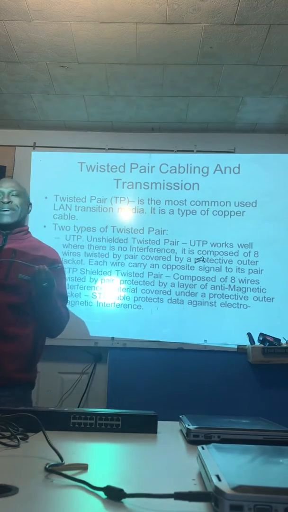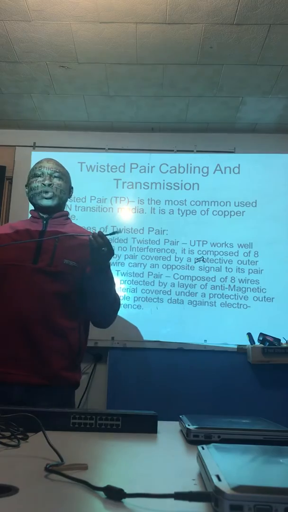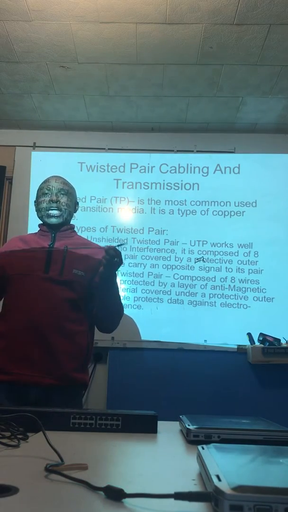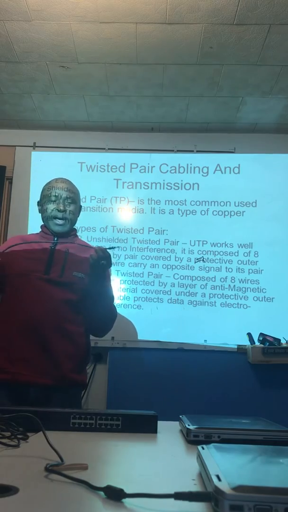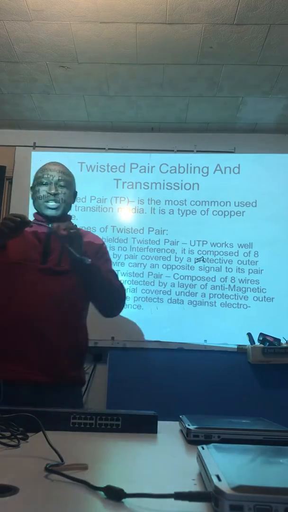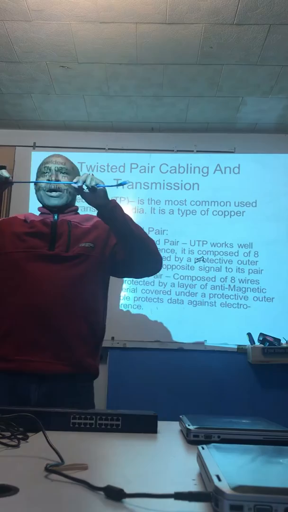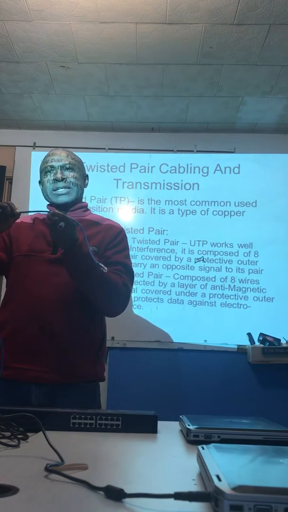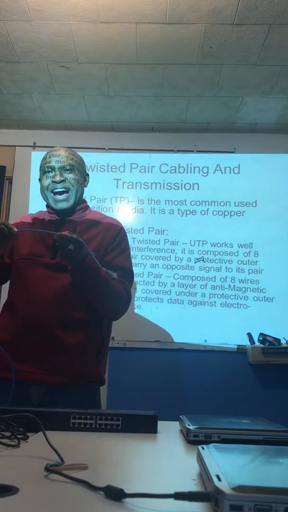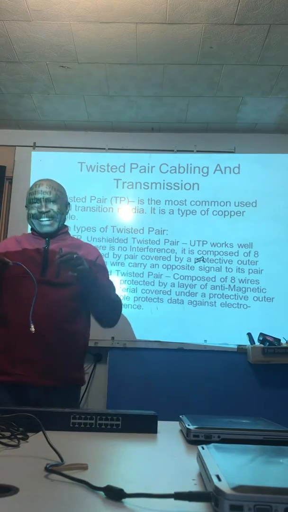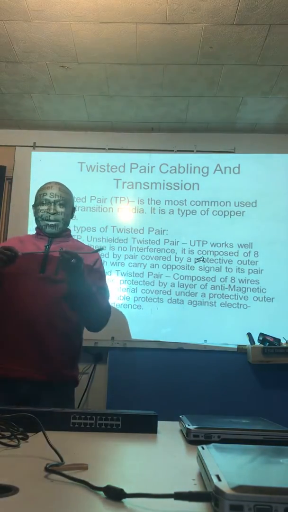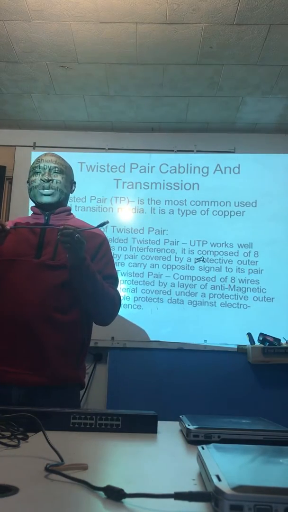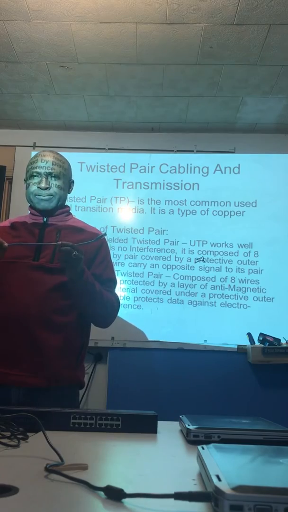But in any place where there is electromagnetic interference, you will have to use a shielded twisted pair, because in the shielded twisted pair, under the plastic jacket, there is a foil jacket designed to protect the wires inside the cable against electromagnetic interference.